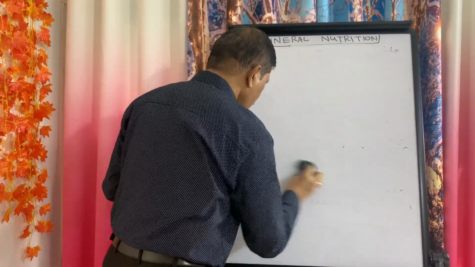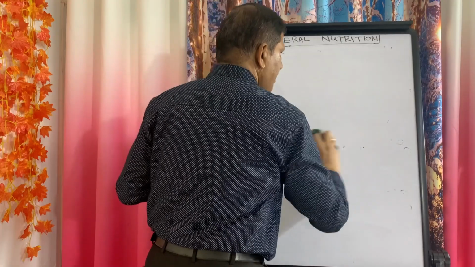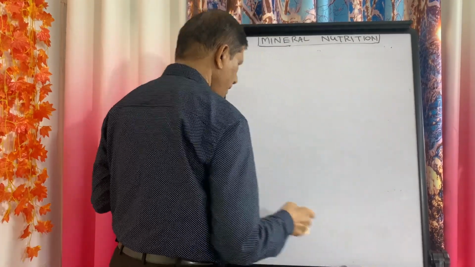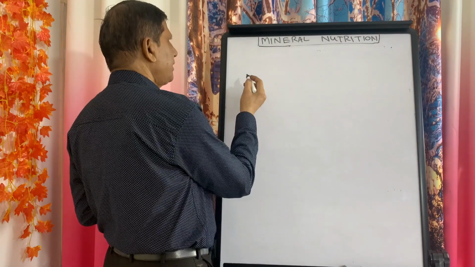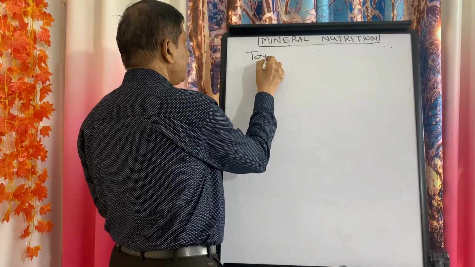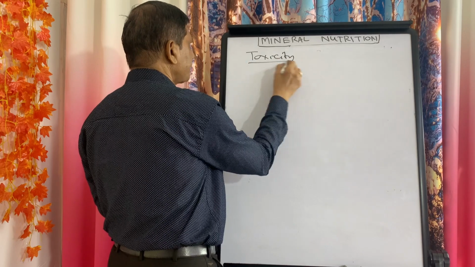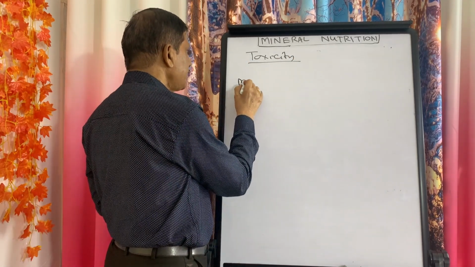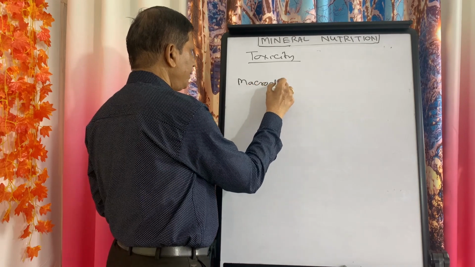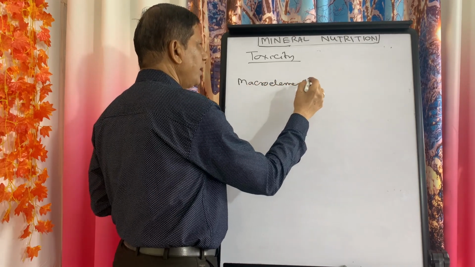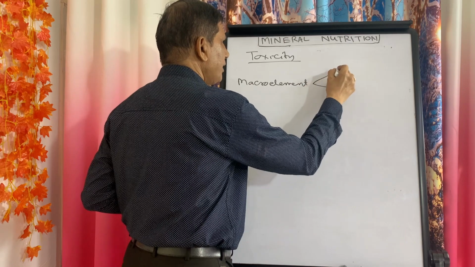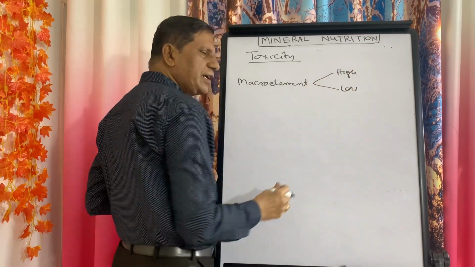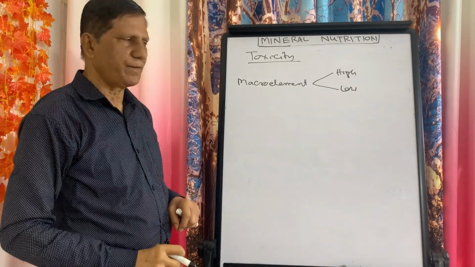Now we have discussed the role and deficiency of different macro and micro elements. Let us start discussing toxicity. Let us take the case of macro elements. The macro elements may be in high quantity or in a low quantity. Low quantity means below critical concentration.